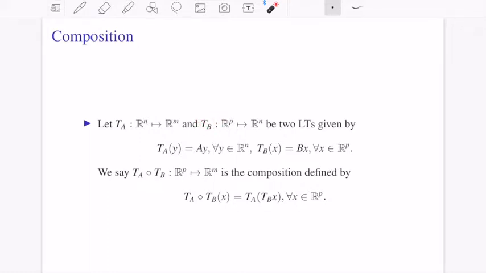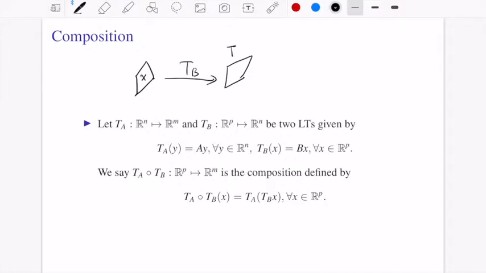We can think of a certain image, and after the transform of TB, we can think of the vectors in the domain of TB as X. Then it may be transformed to another image.